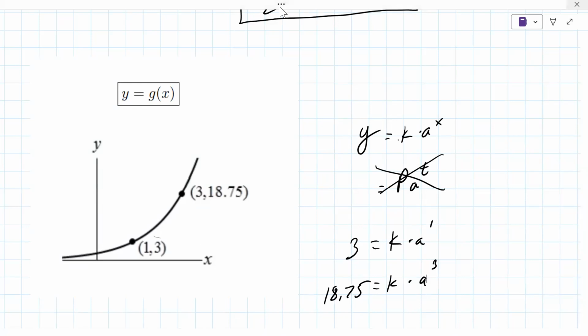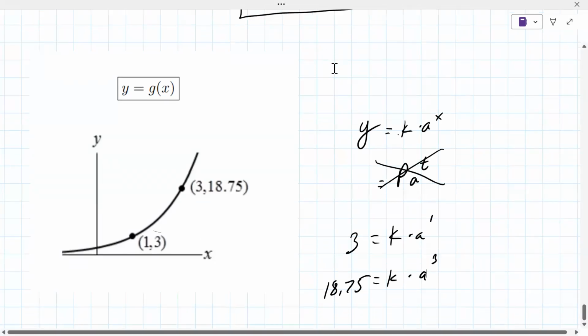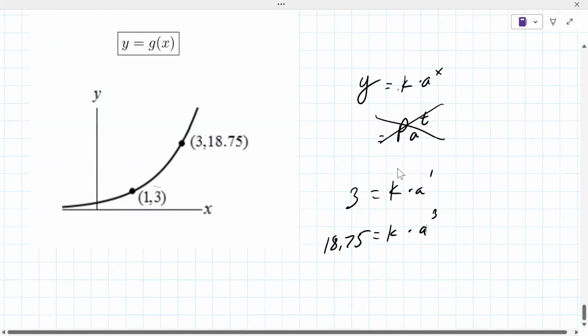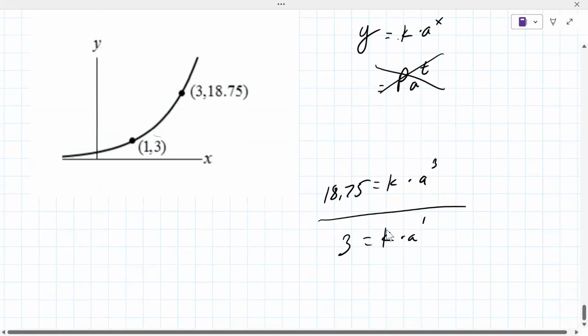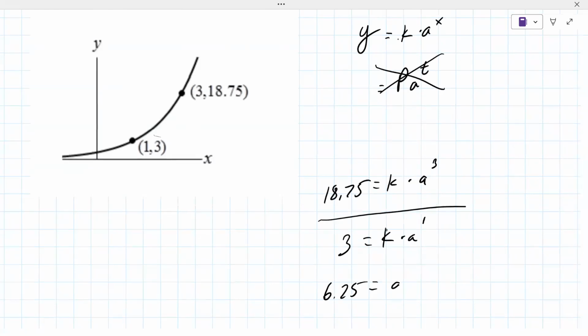So that's slightly better. You've got two equations and two unknowns. This is a little bit of a cheat code here. You can actually just divide these. I like taking the larger one over the smaller. The k's cancel.